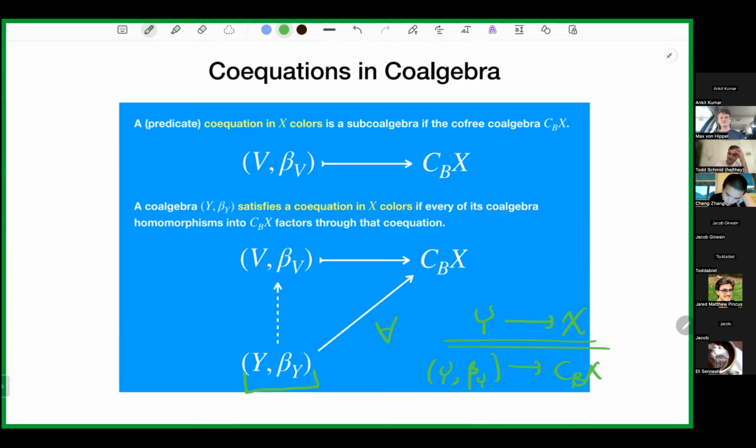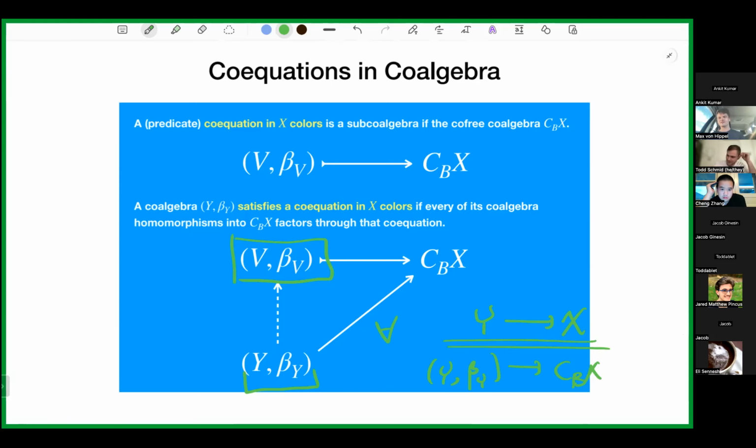So what this is saying is that for any way of coloring the states of your coalgebra, the lifted unraveling of that coalgebra is going to factor through your coequation, which is basically a predicate on these patterns in the colors from X.